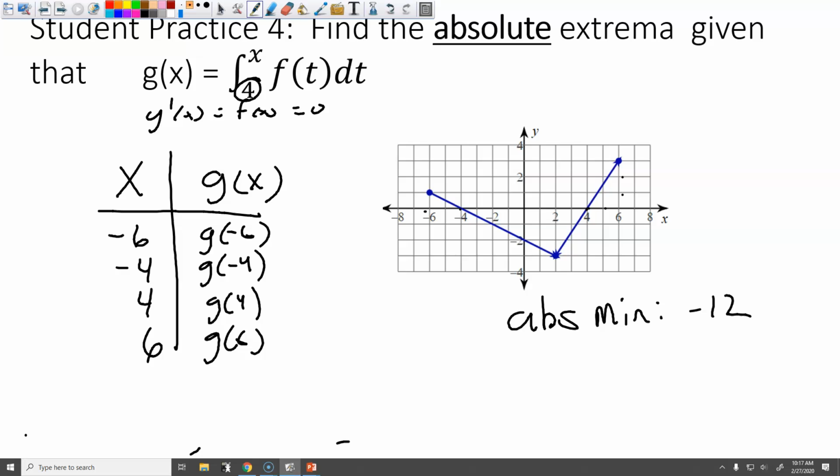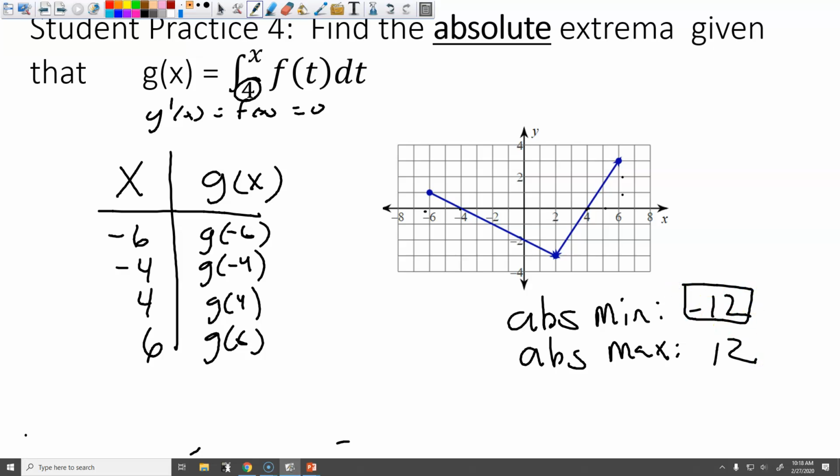Ryan, what was your absolute max? Okay, we'll get there, but what's your absolute max? I got 12. Okay, so I think this one is wrong.